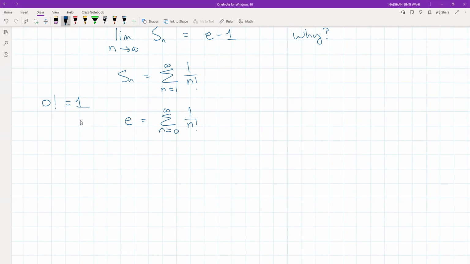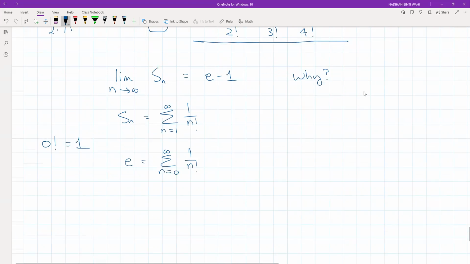Okay, so dia cuma extra satu term sahaja. So E tu apa? E is 2.71 something something something. So obviously you can see that this is less than 2. Sebab dia ada cuma extra 1 sahaja kat situ. Dia start daripada kosong, yang ni start daripada 1.